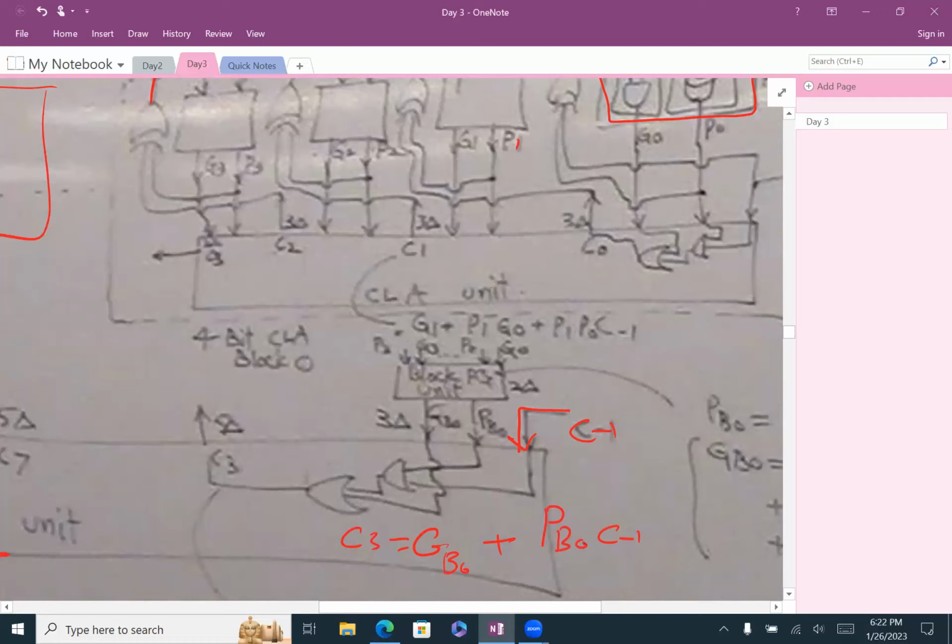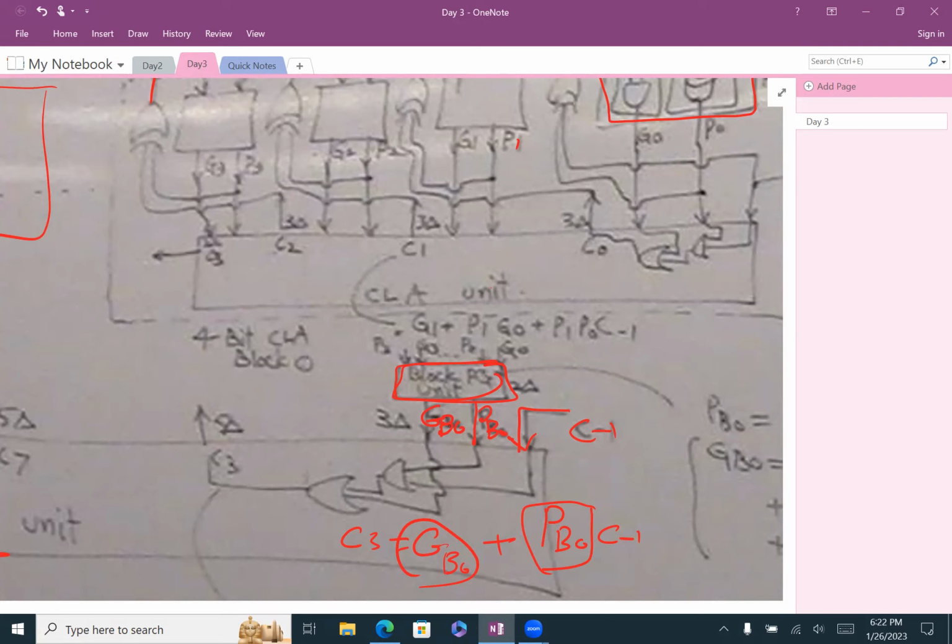Simple equation. And what do we need in this equation? We need the GB0, which is coming from this block, and we need the PB0, which is coming from this block. Can we draw the circuit? It's just a simple OR gate: generated from the first block, or coming from outside and propagated through level 1.